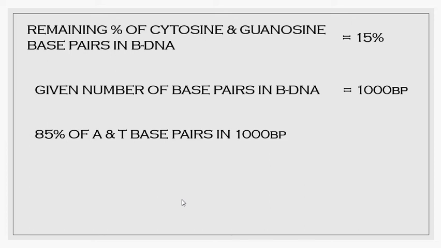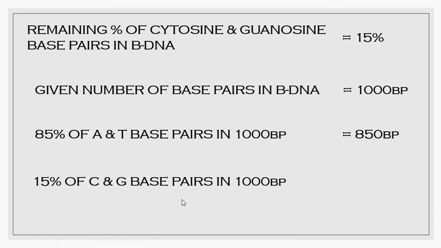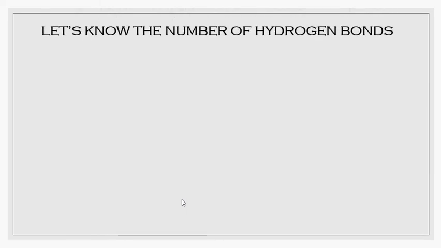The 85% of adenine and thymine base pairs in 1000 base pairs of B-DNA is equal to 850 base pairs. 15% of cytosine and guanine base pairs in 1000 base pairs of B-DNA is equal to 150 base pairs. Let's now find the number of hydrogen bonds present in B-DNA with 1000 base pairs.